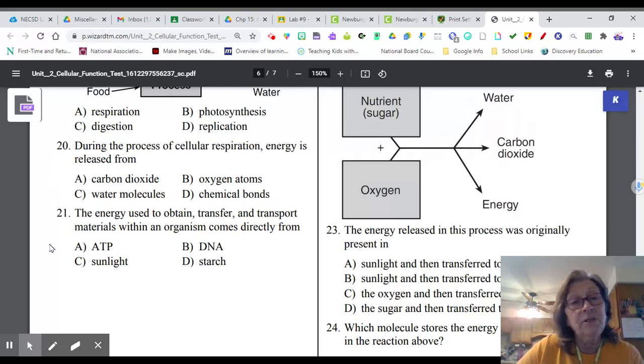The energy used to obtain, transfer, and transport materials within an organism comes directly from A, ATP, B, DNA, C, sunlight, or D, starch.